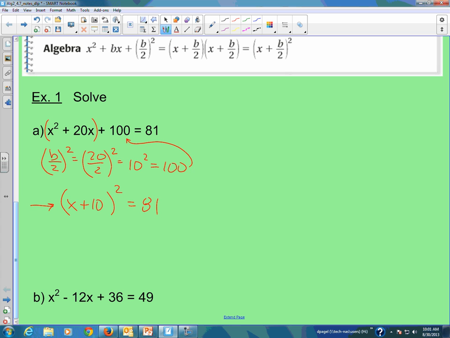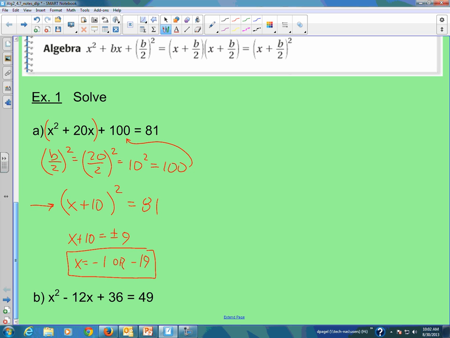I still have equal 81 here. And at this point, we can square root both sides to get x plus 10 is equal to plus or minus 9. And that means x would equal positive 9 minus 10, or negative 9 minus 10. X equals negative 1 or negative 19.